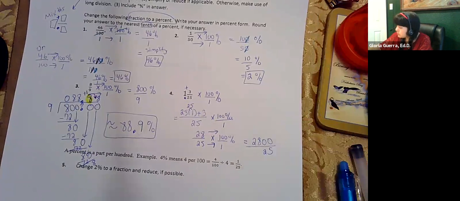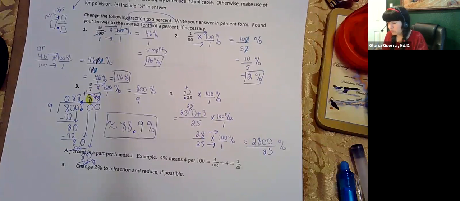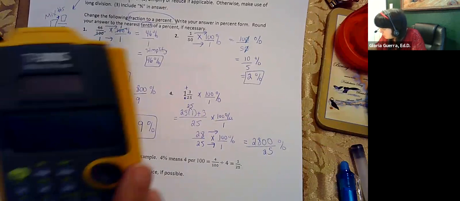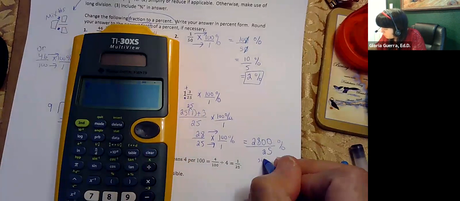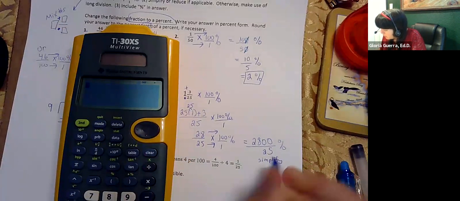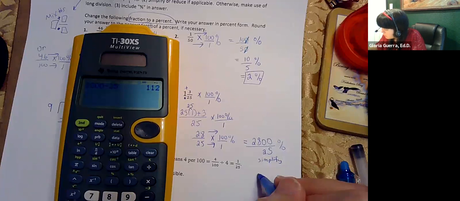And then here's the percent symbol. And then we're going to just see if that reduces. I bet that will simplify. 2800 divided by 25 is 112%.